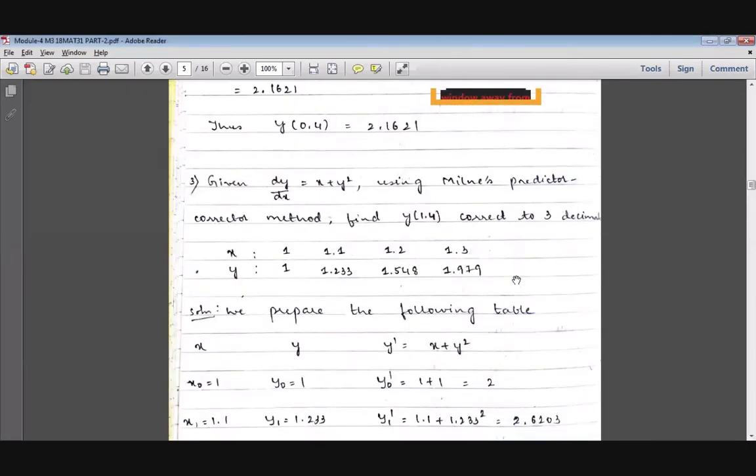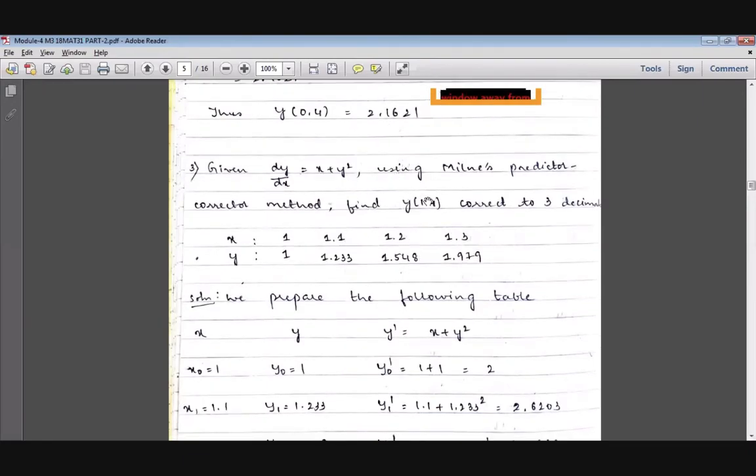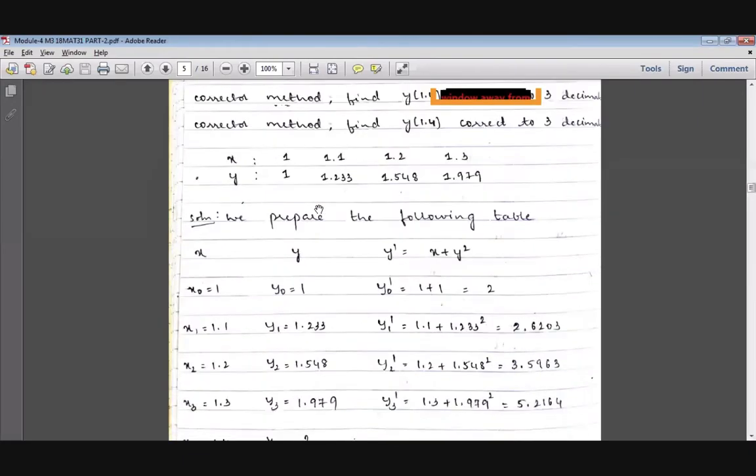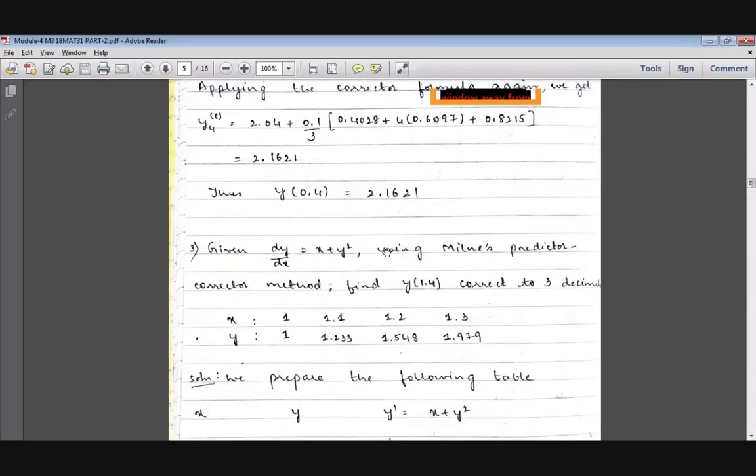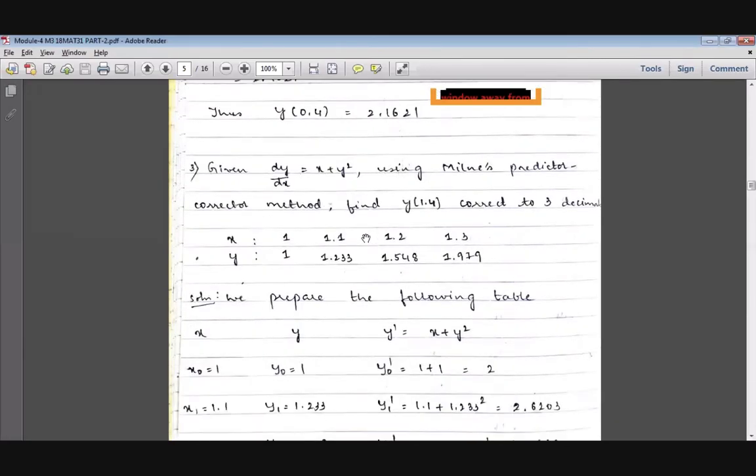Next problem. You can try this, take this as homework. Find y of 1.4.